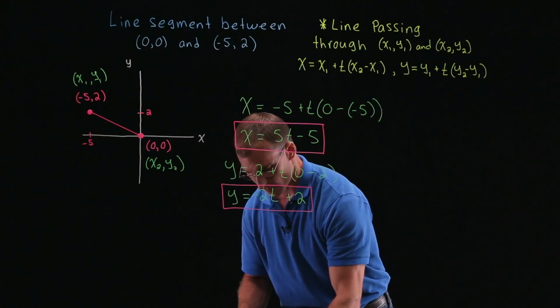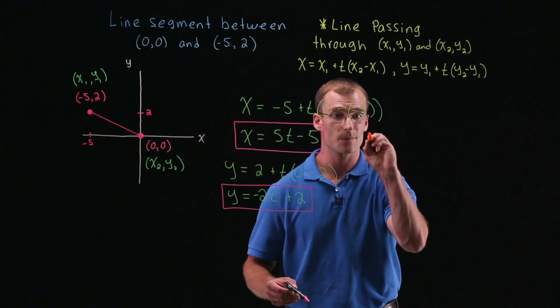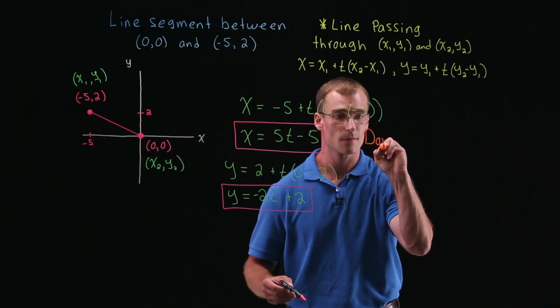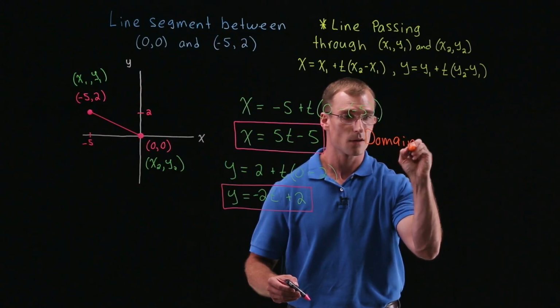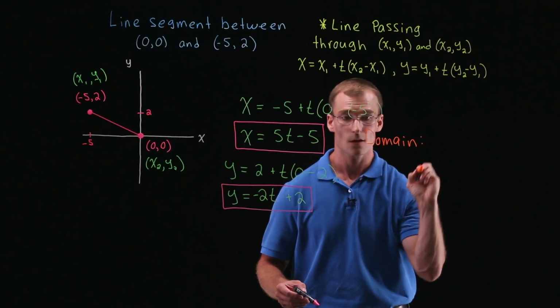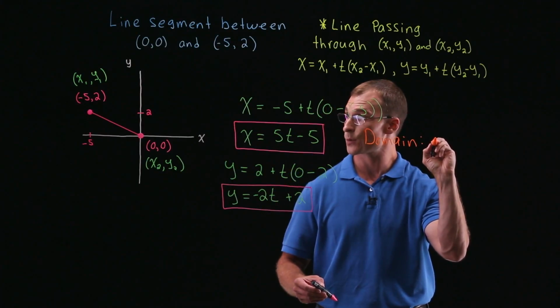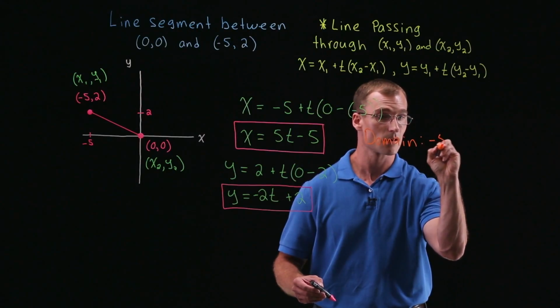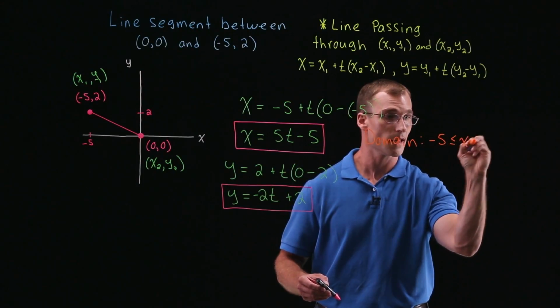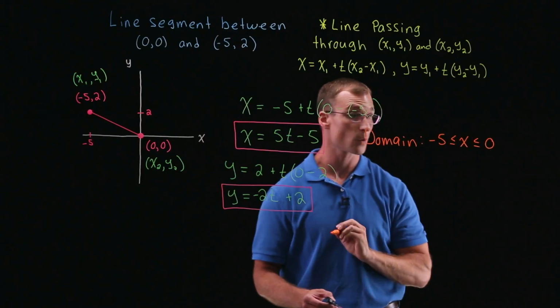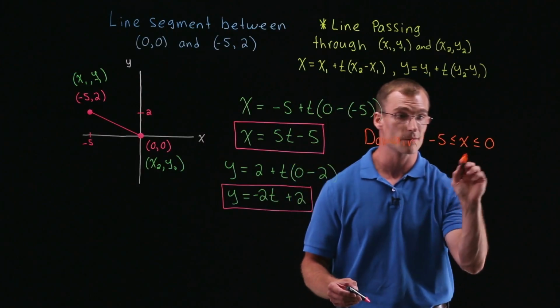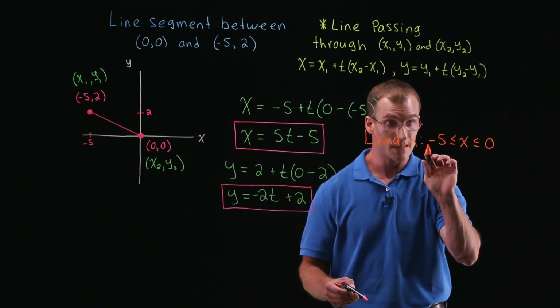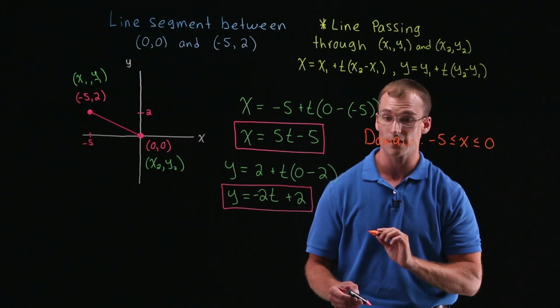So looking at just the line segment, we can see our domain for x is between negative 5 and 0. So what we want to do is find what corresponding values of t give us values of x between negative 5 and 0.